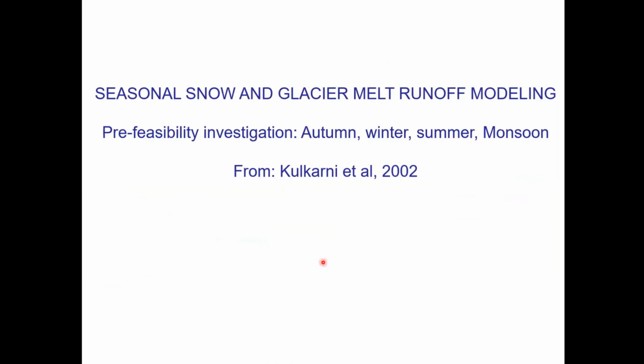So these are the key issues on which we thought we would work, and for that, way back in 2002, the seasonal snow and glacier melt runoff model was developed, and we will look into that model and see how it can be used.